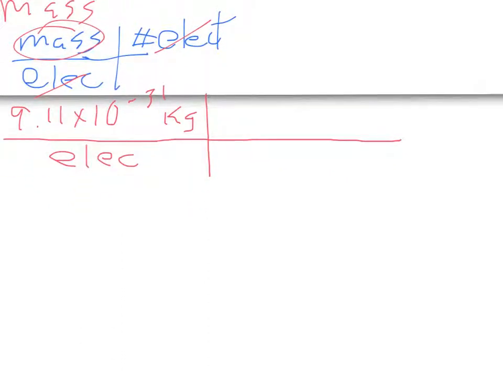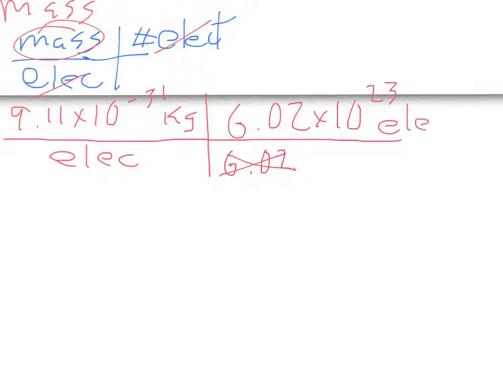Move this up here. And then I'm going to multiply that by the number of electrons, 6.02 times 10 to the 23rd electrons. You can see that electrons cancels with electrons, and it leaves us with the mass in kilograms.